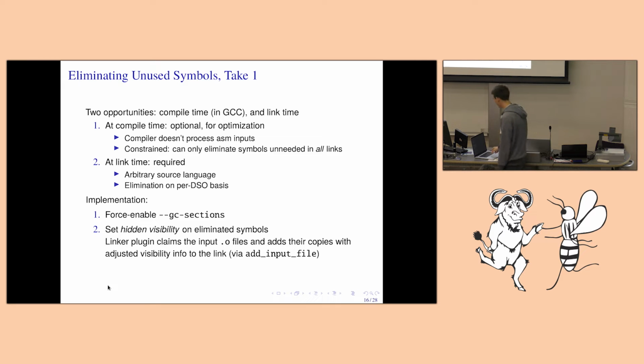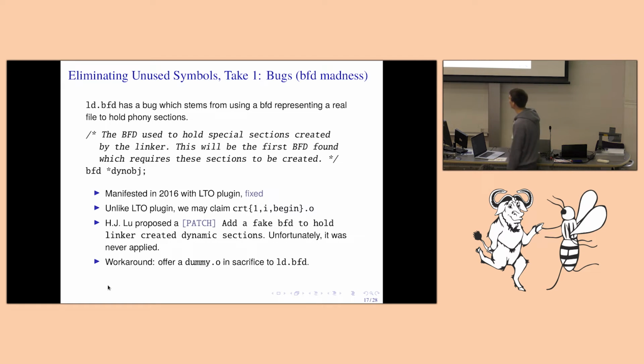Looks good, doesn't it? However, we stumbled on a number of bugs with this approach. For instance, the BFD linker is black magic. The deal with the BFD linker is it uses BFD, which stands for binary file descriptor in this case, to represent an input file.